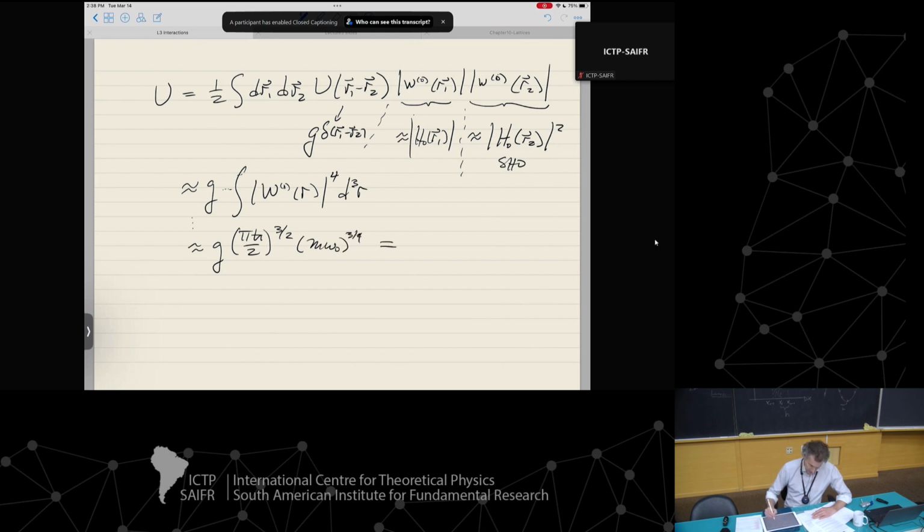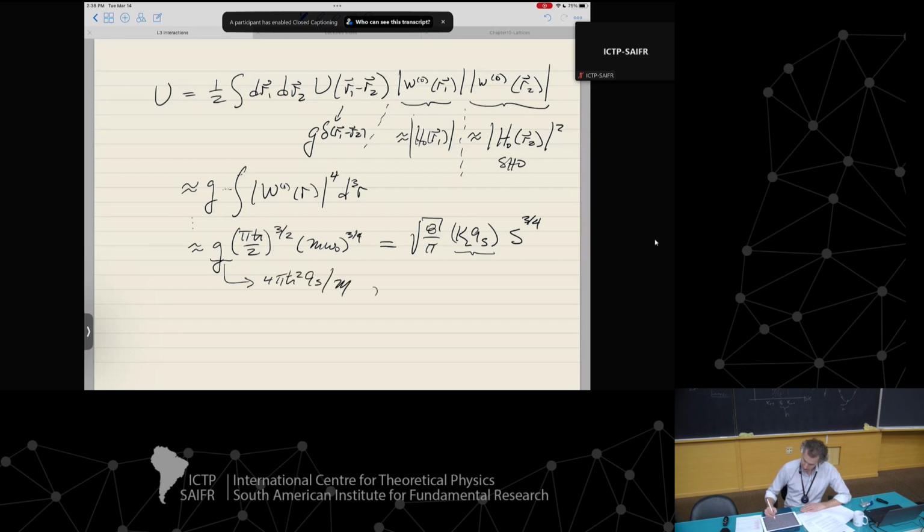Which is some other constants, square root of 8 over pi times k times a_s, and lattice depth to the 3/4 power. Okay, so what do I mean by k times a_s? I mean k_L is just the same k lattice I've been using, but now this g, remember, is 4 pi h bar squared a_s over m.